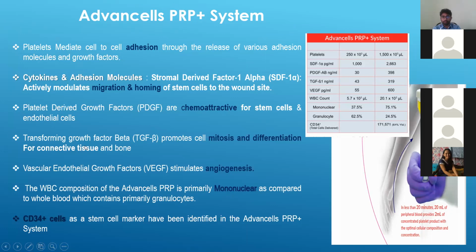Also the transforming growth factor brings differentiation or mitosis, and the vascular endothelial growth factor brings angiogenesis, that is, the blood circulation. As compared to the normal method, with our advanced cell PRP system, when you do it this way, the PRP contains more mononuclear cells as compared to granulocytes. So it's good for clinical use.